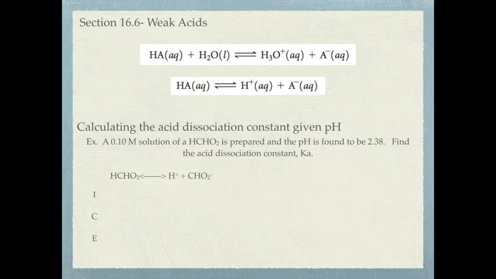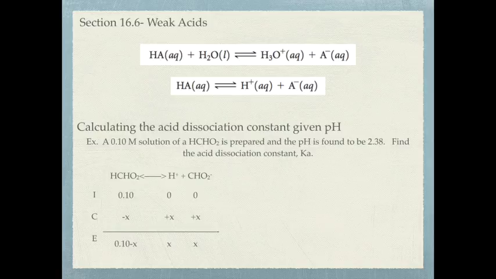My starting concentration is 0.10 molar, so I'm going to put that there, and I don't have any hydrogen ions and I don't have any of that anion. And so the change that I'm going to see now, instead of being able to just say minus 0.10, I can't because this is a weak acid. So I've got to subtract x, add x, and add x. And so what I end up getting at equilibrium is 0.10 minus x, x, and x.